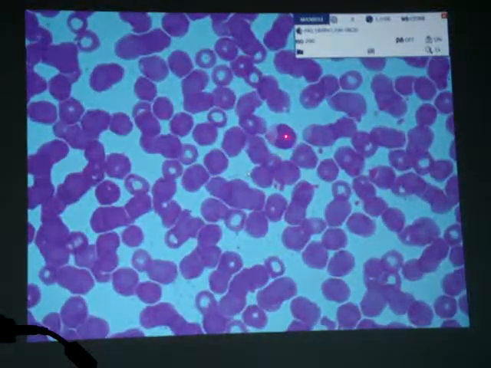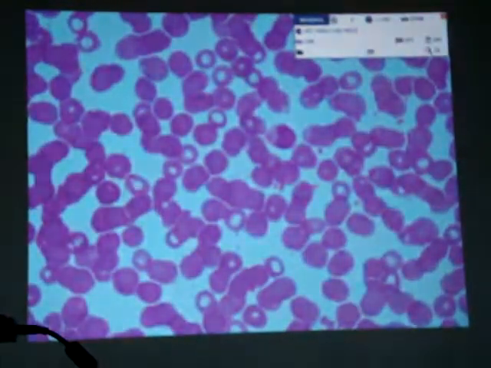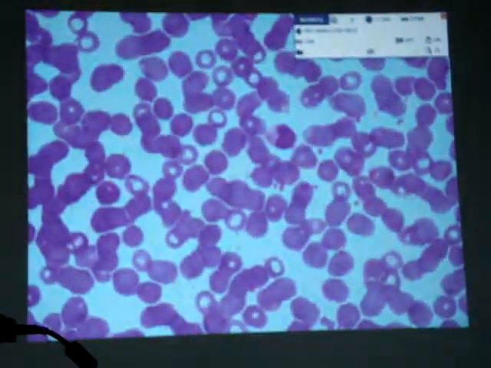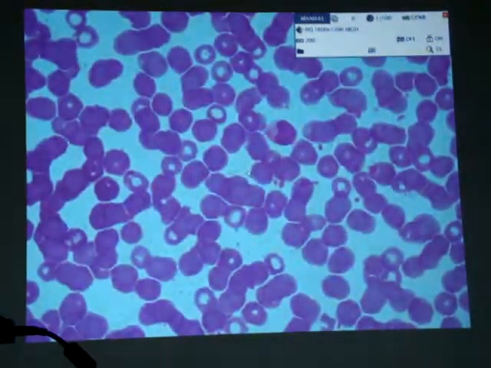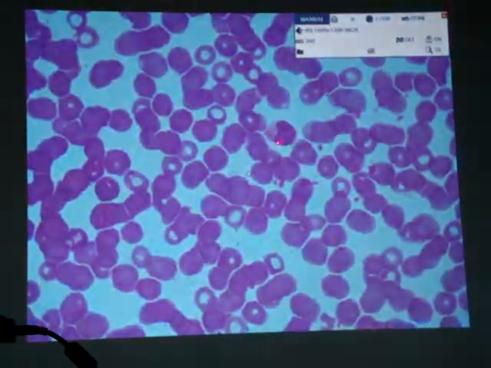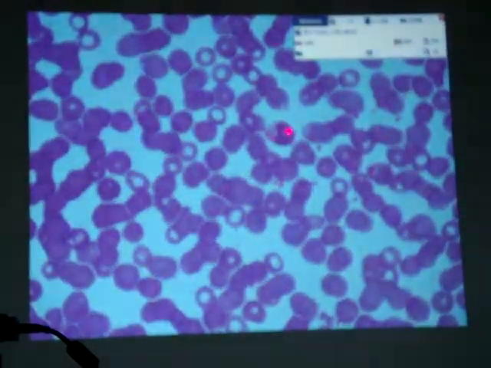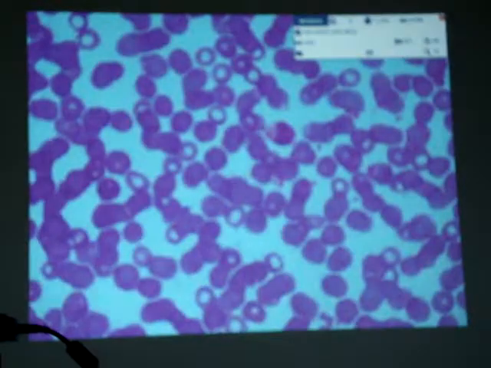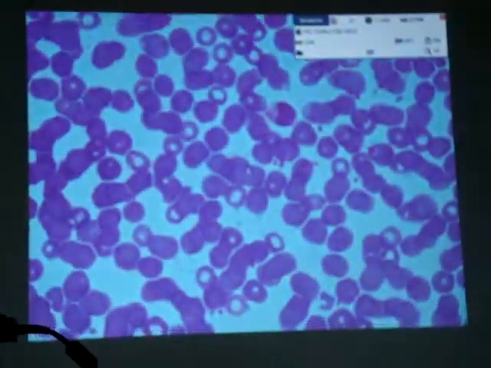So, bean shape or indented nucleus or sometimes horseshoe shape ang kanilang nucleus. Then aside from the characteristic feature of the shape of their nucleus, they can also be identified as a monocyte because of their large size. They are the largest cell in circulation.